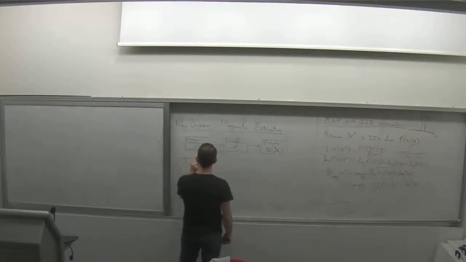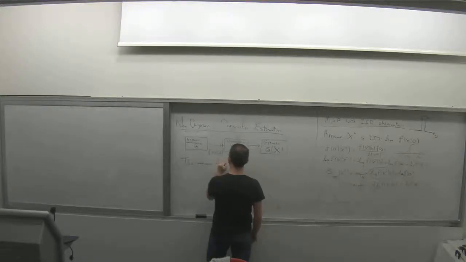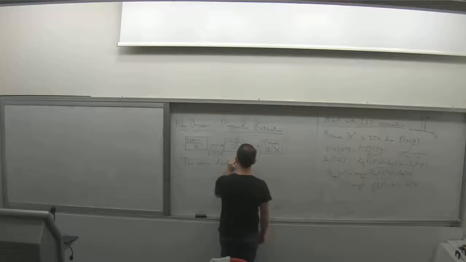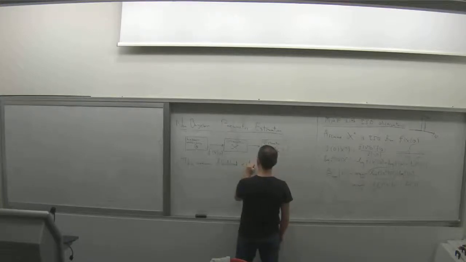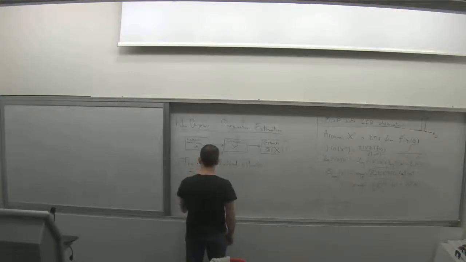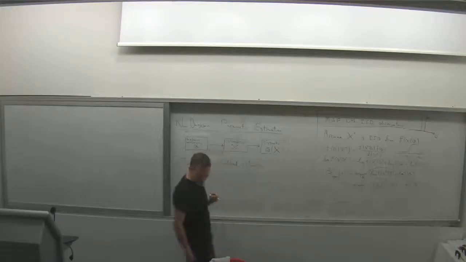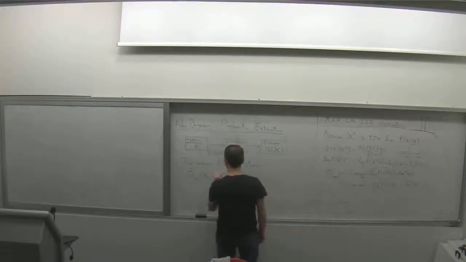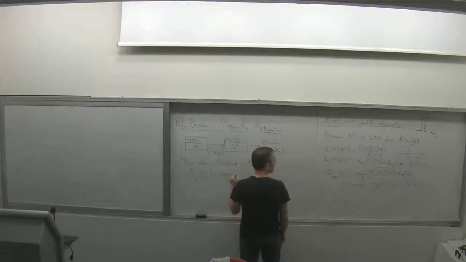The maximum likelihood estimator is defined as follows. It will be denoted by theta hat ML of x, and it will be just the argmax over theta of f of x given theta.